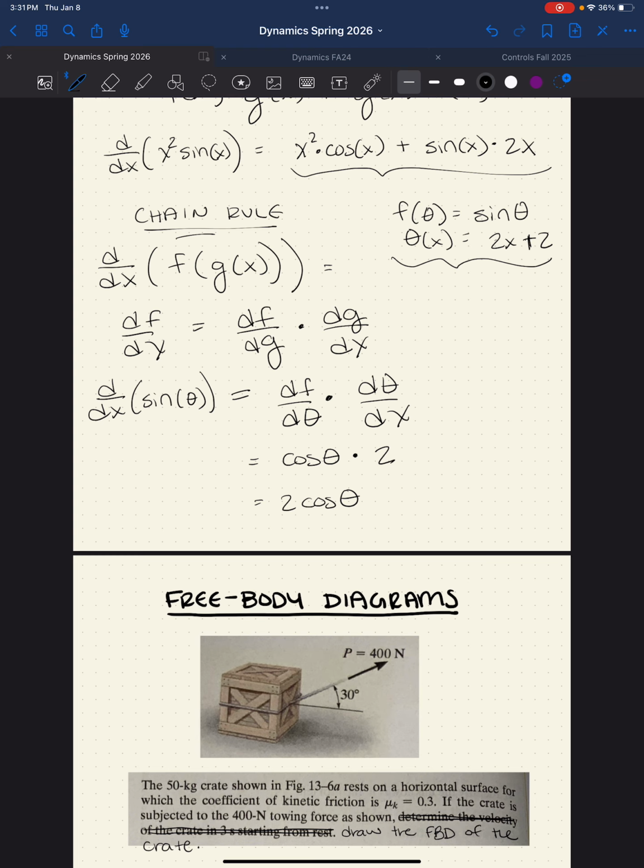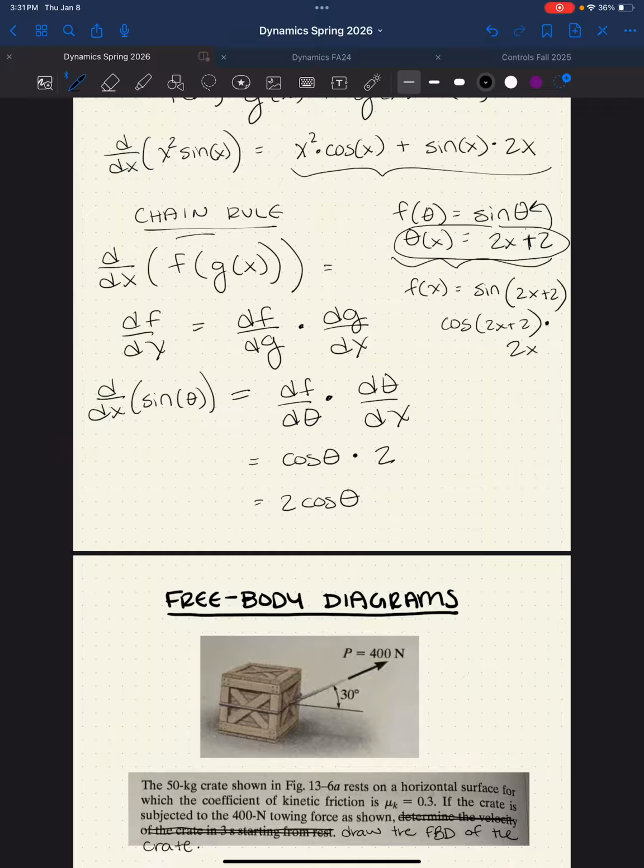Another way that you might have seen this done is by simply substituting in the theta expression up here and going ahead and saying, okay, this means that f of x is equal to sine of 2x plus 2. And in order to do the chain rule for this, you take the derivative of the outside, which is cosine of 2x plus 2, times the derivative of the inside.